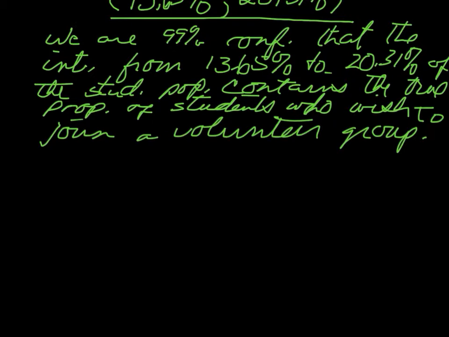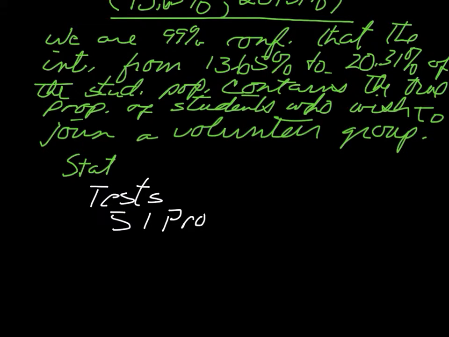Now, as always, there is a calculator statement, and that calculator statement is under Stat, then Test, and in this case it's number 5. It's called the one proportion z-test, and that's because we have one proportion. So the one proportion z-test, if I press that, what's it ask me for?